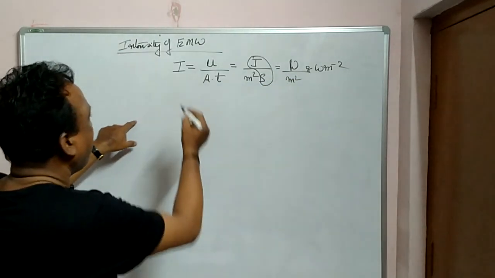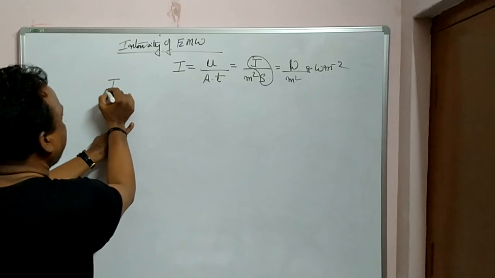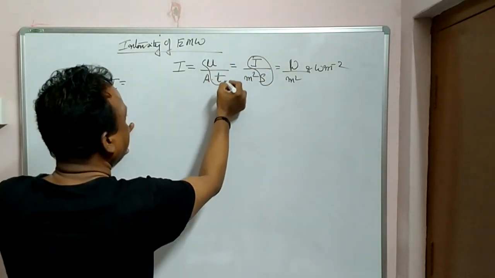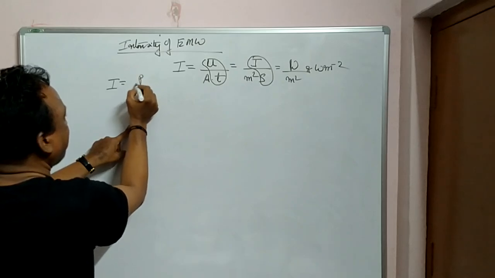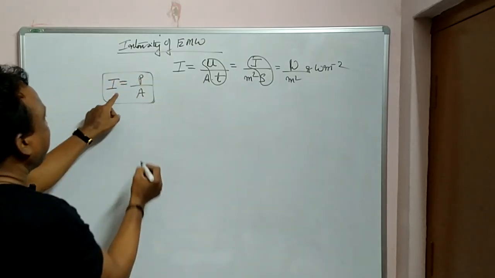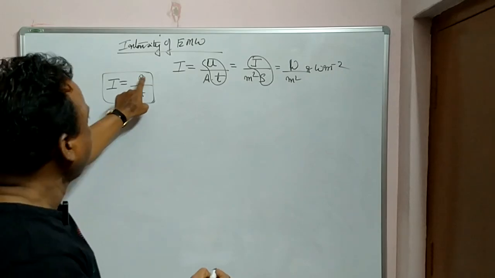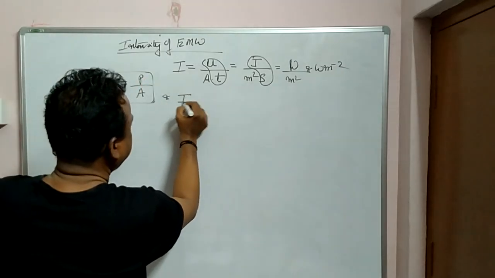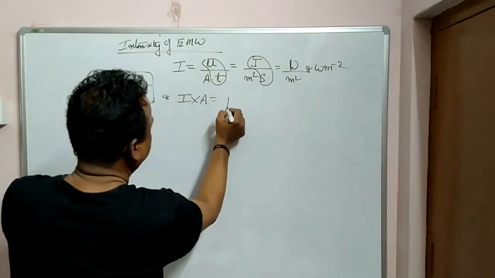This is the formula. Or else you can write I is equal to energy per time, and energy per time is power. So I can write the intensity of an electromagnetic wave as P by A, power by area, or intensity into area is equal to power.